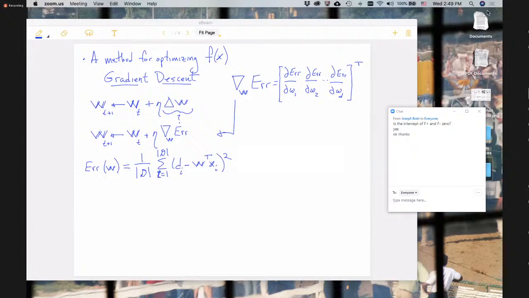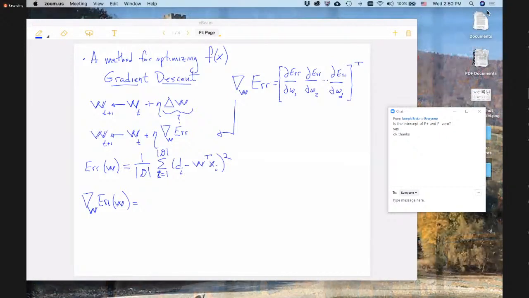To calculate the gradient of the error with respect to the weights, what we find is that this basically reduces to this.